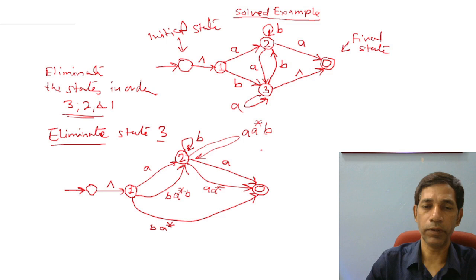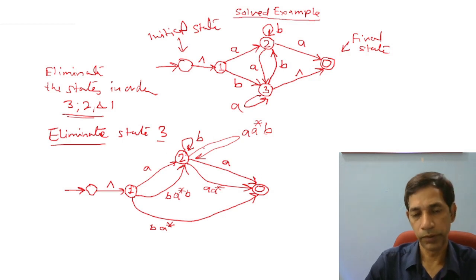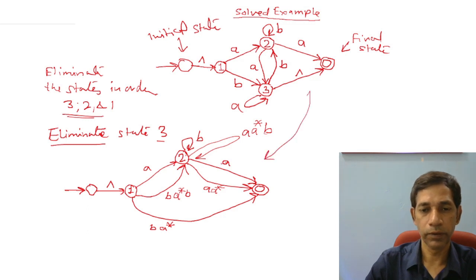From the state 3 you have 2 outgoing edges, one goes to the final state, one goes to the state 2. So from 2 you have the direct path to the final state, and from 2 also you have the loop. This is the simplified form, which you can obtain once you have eliminated the state 3.